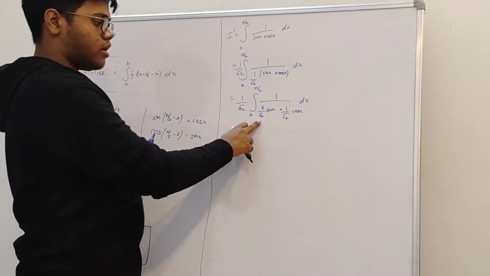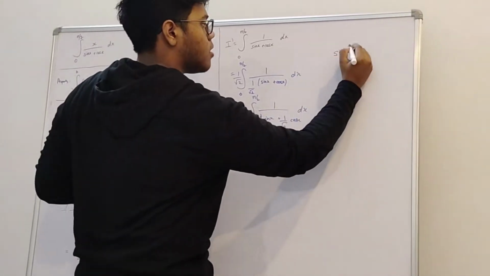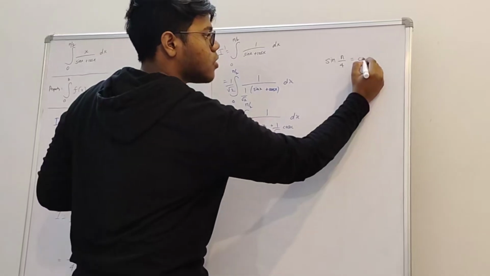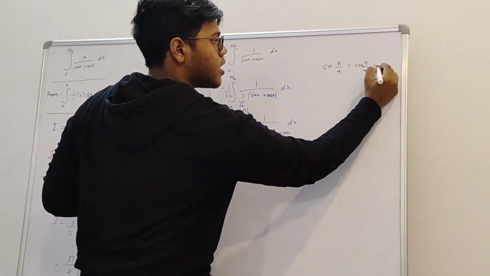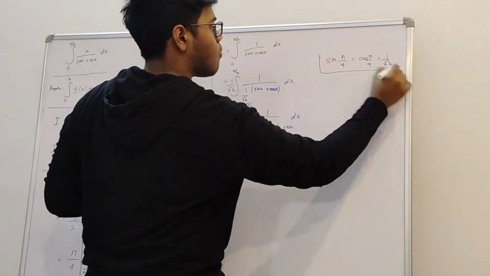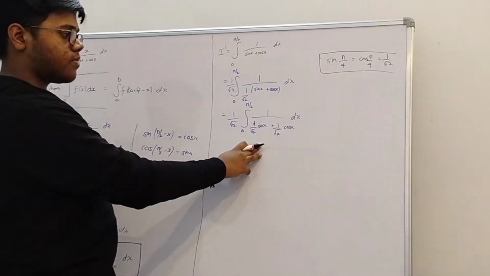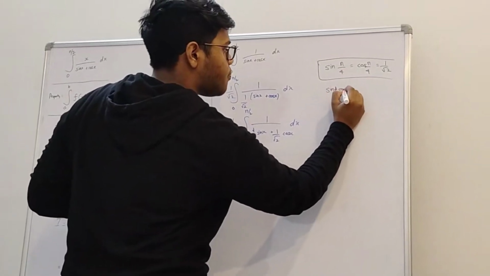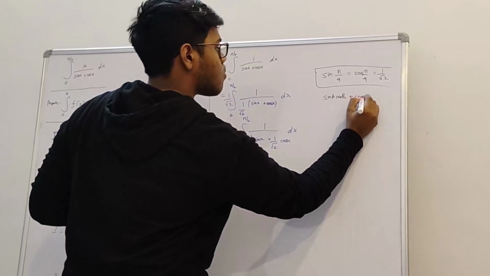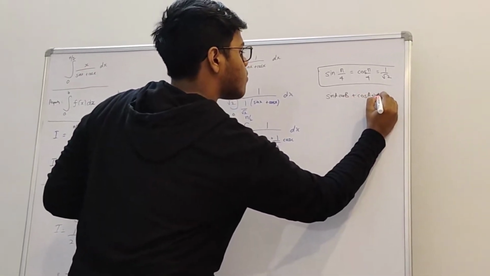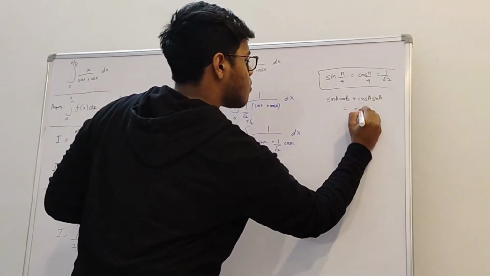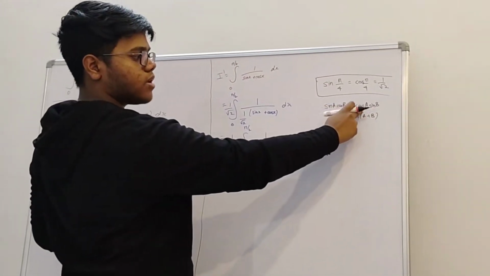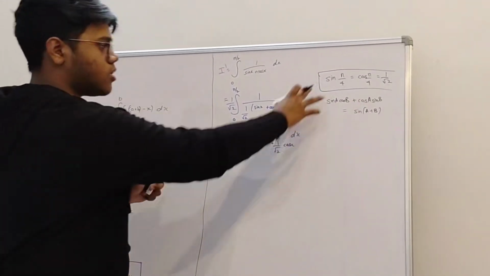If you recall that sine pi by 4 equals cosine pi by 4 equals 1 by root 2, we are going to be using this here, and also sin A cos B plus cos A sin B equals sin of A plus B. We are going to be using both of these here.